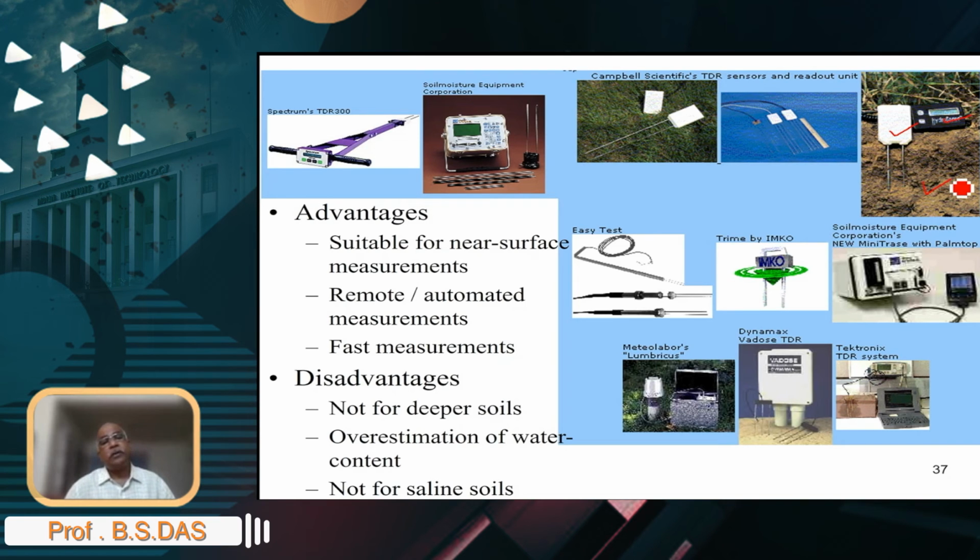One of the other big things is that, because of their electrical nature, if you have salt affected soils, you ideally need different kinds of calibration, and of course the major constraint is the cost. Even today the time domain reflectometry meters are expensive.